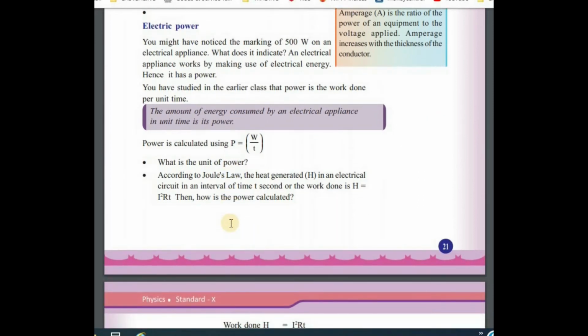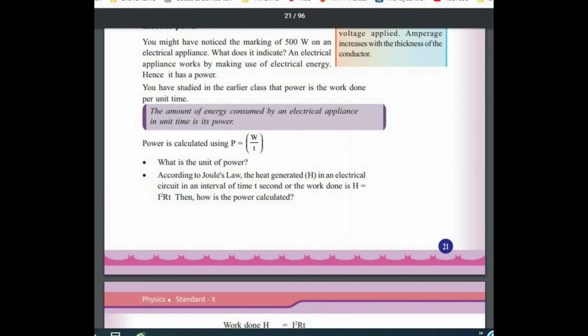What is electric power? You have noticed in all of the devices ratings like 500 watt, 250 watt, 300 watt, 30 watt, etc. That represents the power of the appliance.